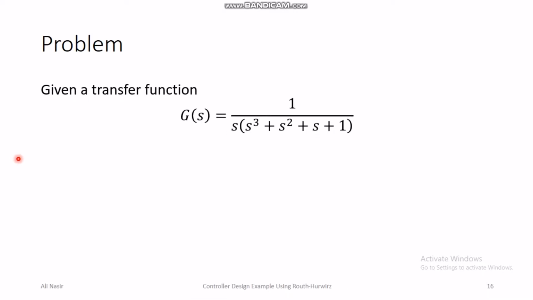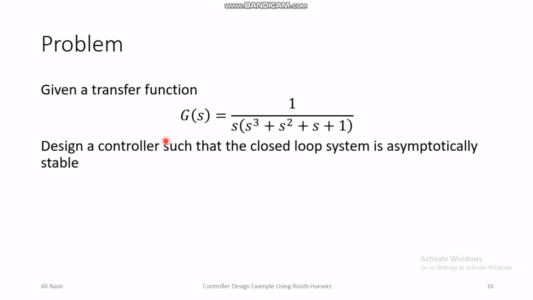Next is that we can also design a controller using the Routh-Hurwitz stability criteria, and we have already discussed an example during the course. I will repeat that example as a review here. So we have a given transfer function which is a 4th order transfer function, and we wish to design a controller for this transfer function to achieve closed loop stability.